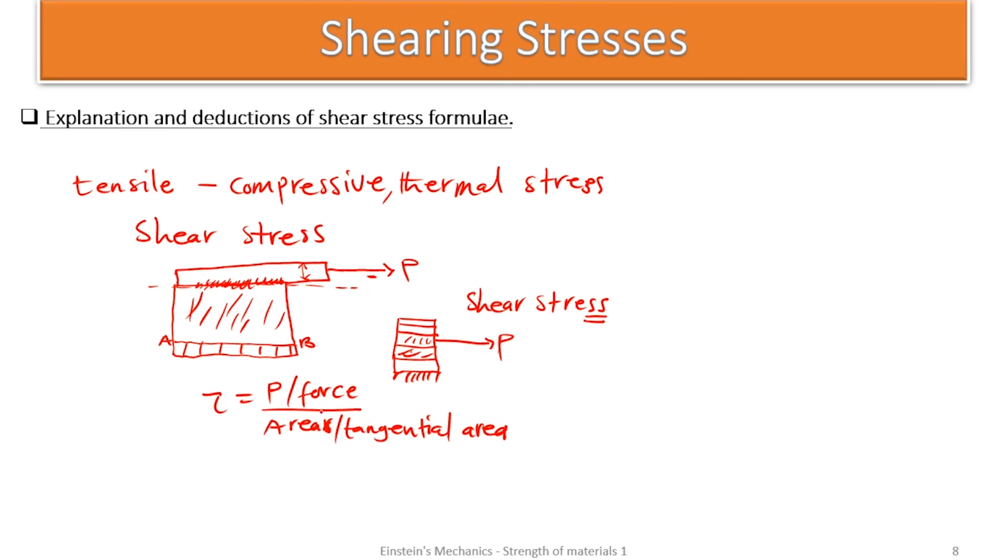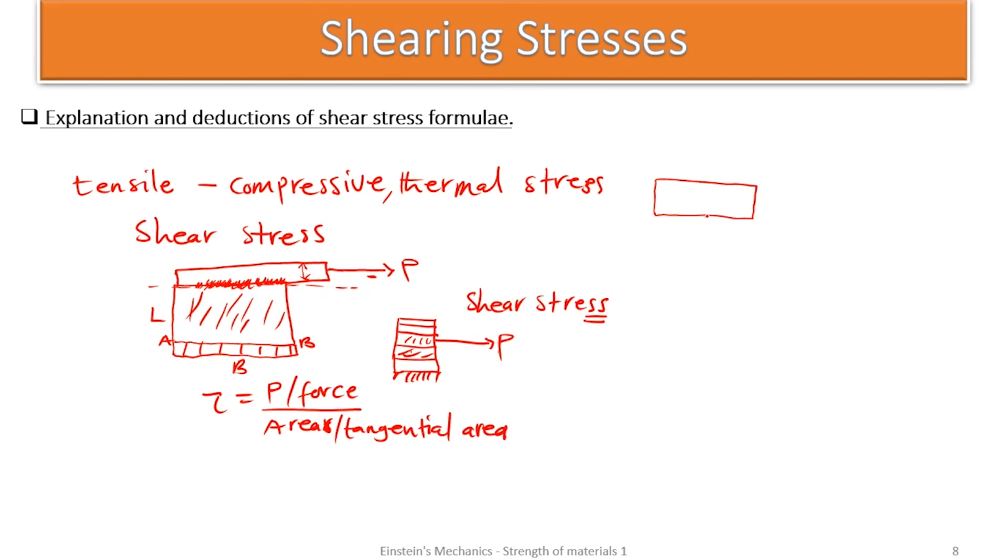So if I'm going to find the shear stress induced at this point of shearing, I'm not going to say the area of this bar is length times maybe the breadth. No, I'm going to consider the tangential area, the area of sliding, where the shear is induced. That's what I'm going to consider.